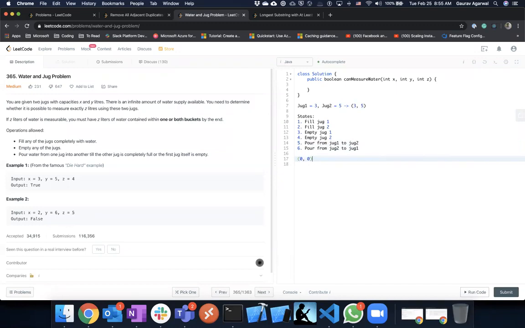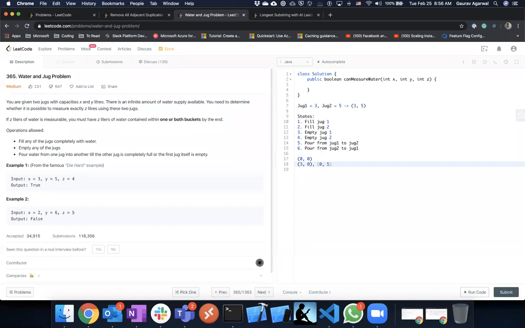Given the state 0 0, if we fill jug 1 completely, we can reach 3 0. And then we can also reach 0 5.